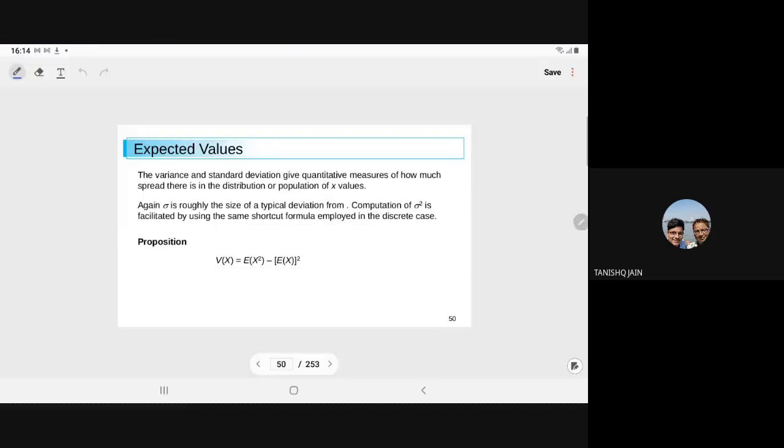So here it is written, clear? The variance and the standard deviation give a quantitative measure of how much spread there is in the distribution or population of x values. It means how much deviation we have, how much spread we have, and you can determine that with the help of the variance or the standard deviation.